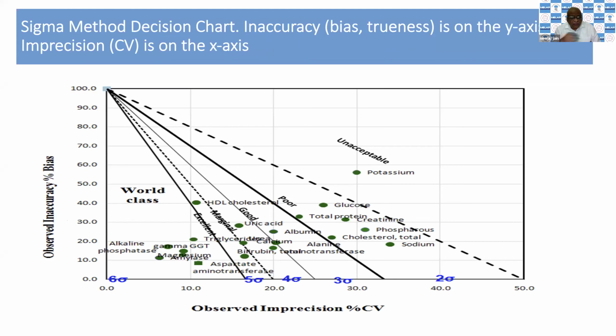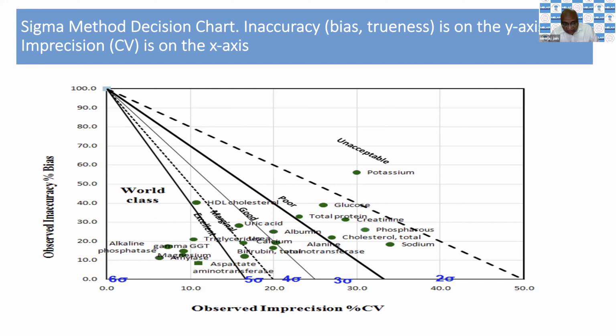And if we plot a chart like this, on this x-axis we are keeping this imprecision, and on y-axis we are keeping this bias. What is our tendency? Both imprecision and bias should be as minimum as possible. So this should be near the start of this vertical and horizontal line.